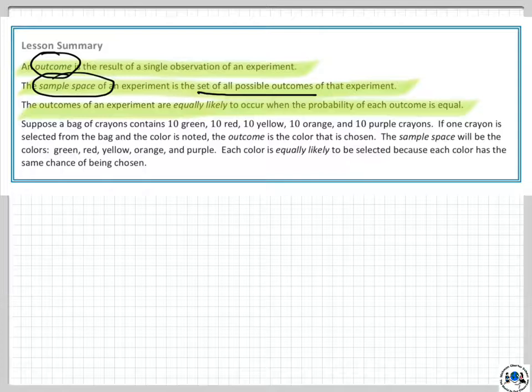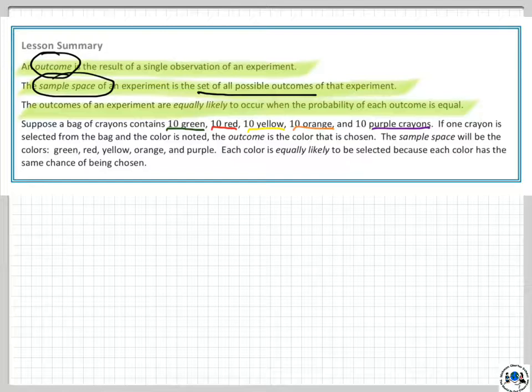Suppose a bag of crayons contains 10 green, 10 red, 10 yellow, 10 orange, and 10 purple crayons.